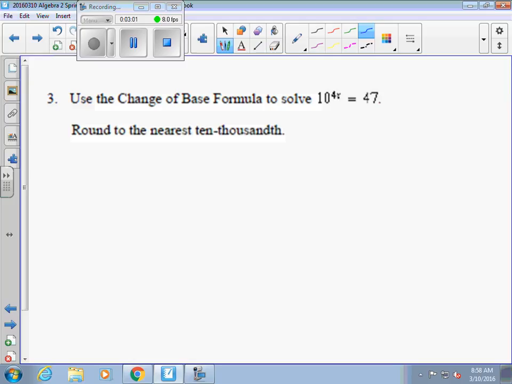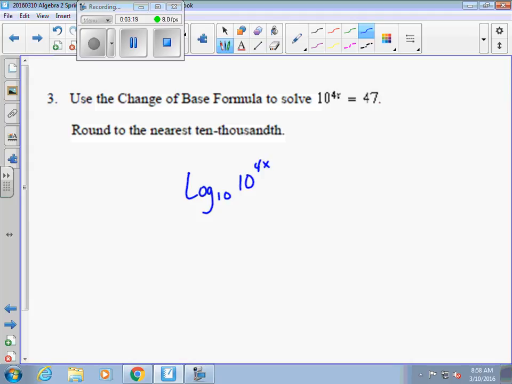And again, I'm going through this because I know it's been a while, or it seems like it's been a while since we did this. You want to take the log of whatever side the variable's on. So in this case, we're going to have the log base 10. I know you don't have to write that 10, but I'm doing it just to keep it consistent, of 10 to the 4x.